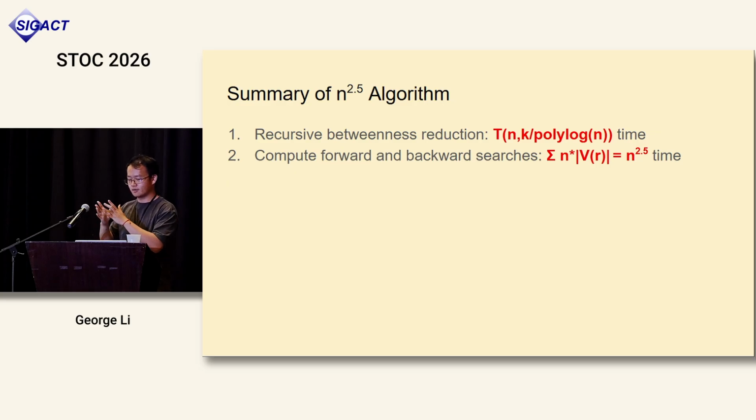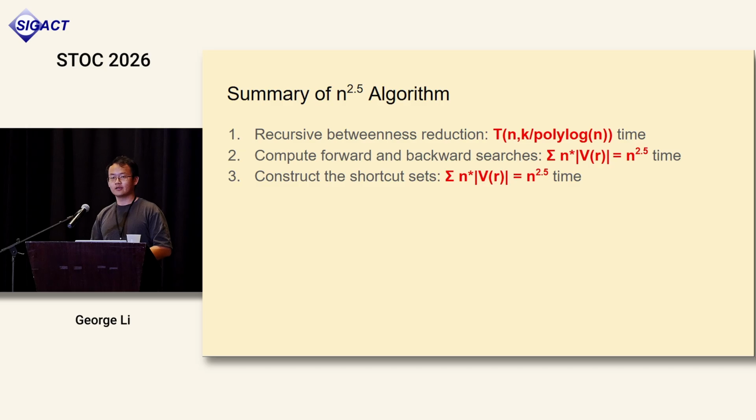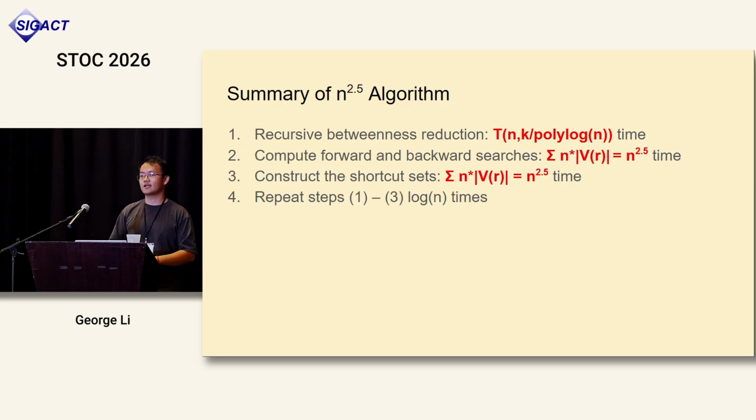This is basically the volume of the searches, and we're assuming dense graphs, let's say, so the degrees are all upper bounded by n. And then we construct the shortcut sets, as I described in the previous slides, also in n to the 2.5 time. And this guarantees that we can shortcut all paths by a constant factor.